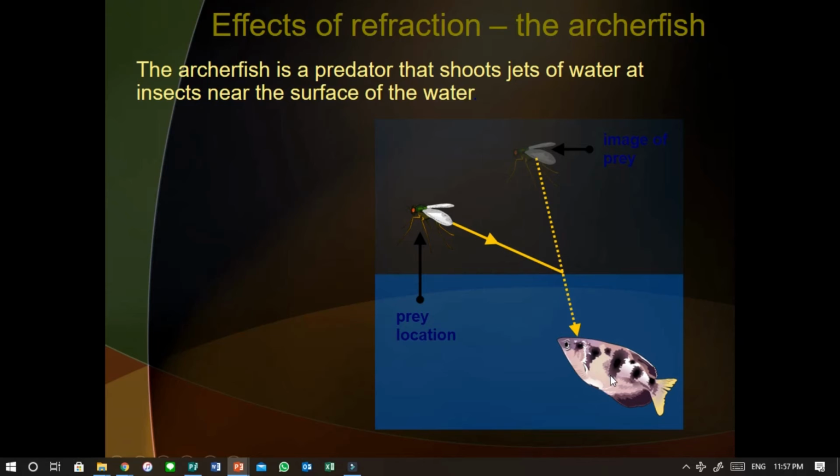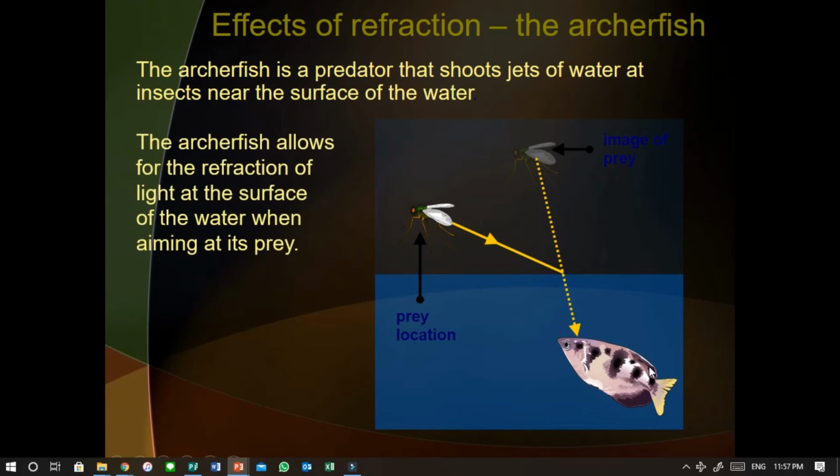So you see this fish inside. He's looking out through the water. He thinks the prey is here, but it's actually over there. But the archer fish allows for the refraction of light at the surface of the water when aiming at the prey. The fish is a lot smarter than it looks.